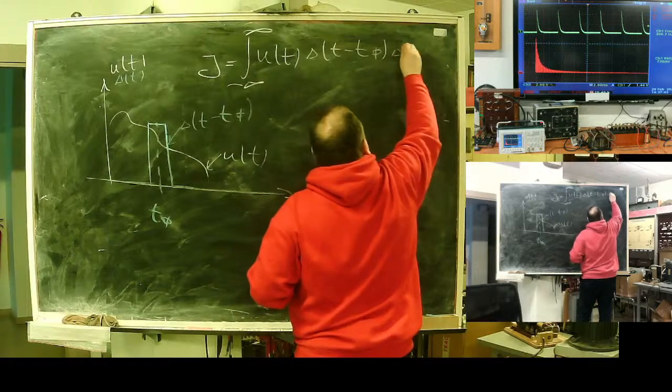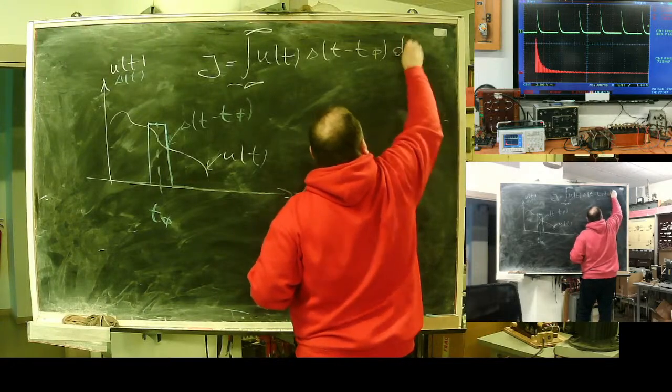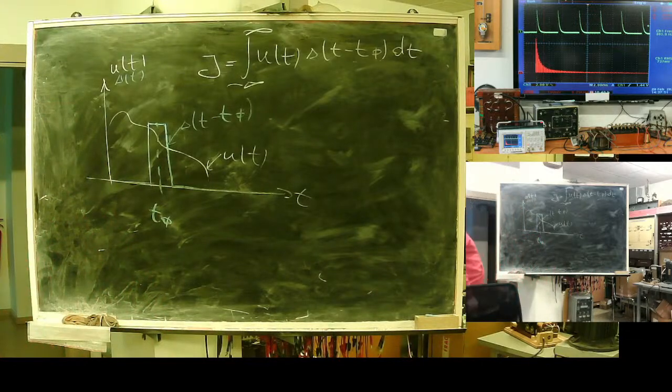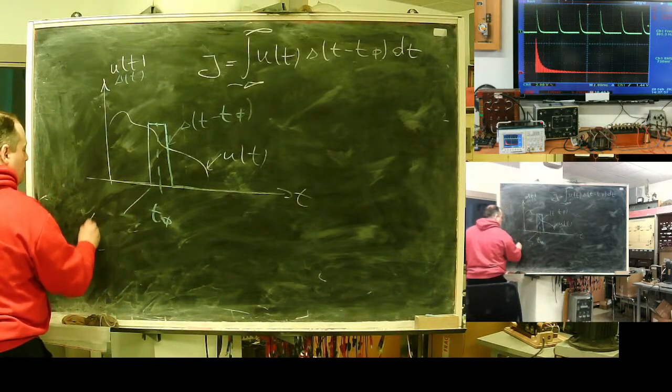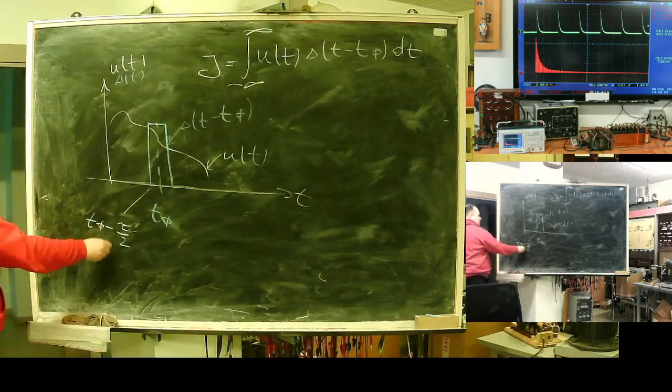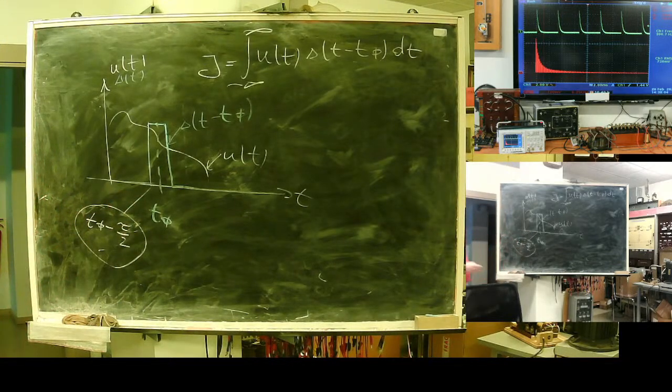Zero. Yeah, this will be correct. I would like to analyze this. What will be the value before this time, T0 minus tau by half? 0, because it is multiplied by 0.